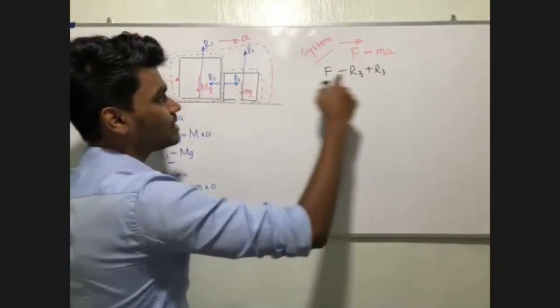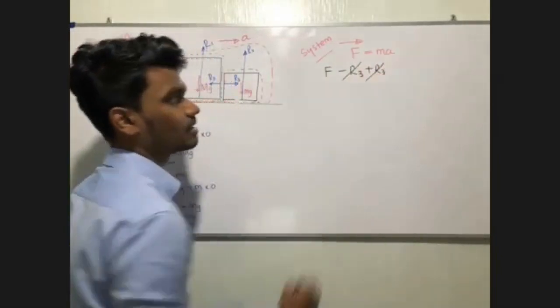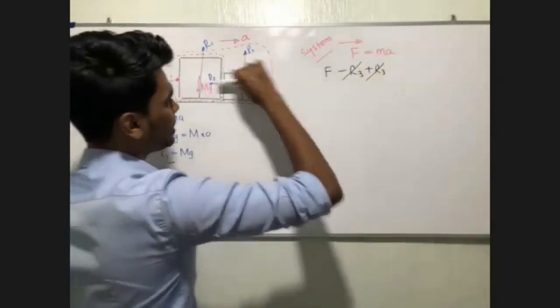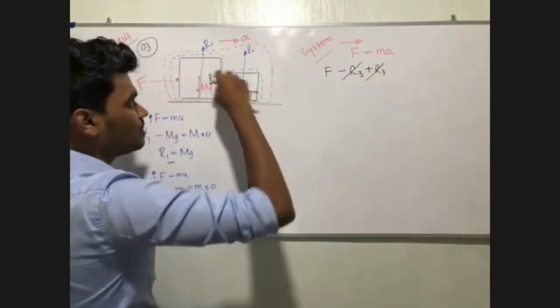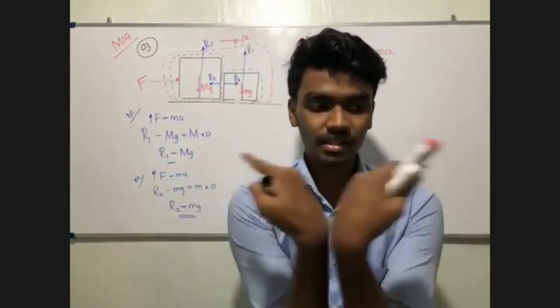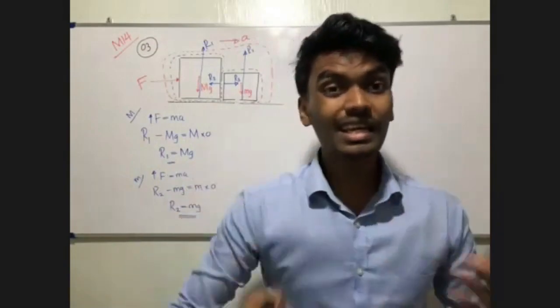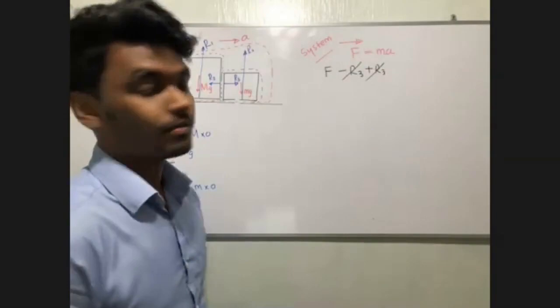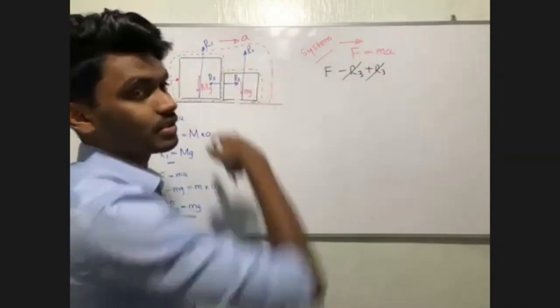But R3 and R3 cancel out. R3 acts in this direction, and here R3 acts in the other direction. The magnitudes are equal and opposite in direction, so they get cancelled out. We call them internal forces.